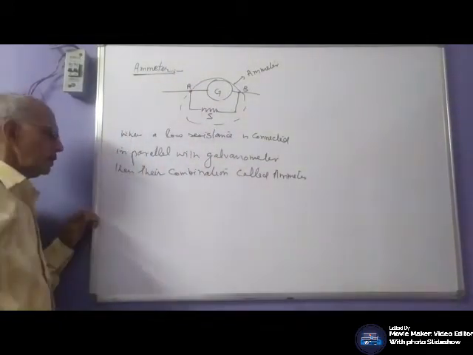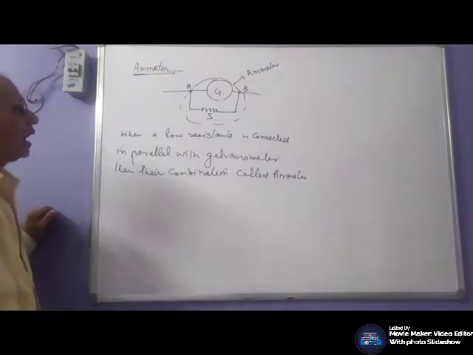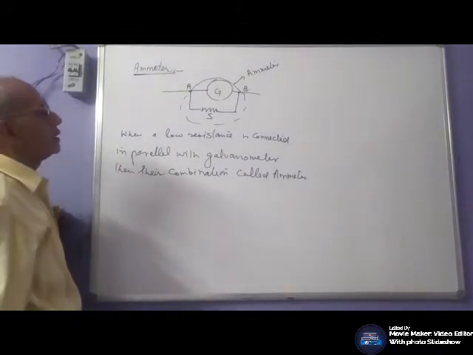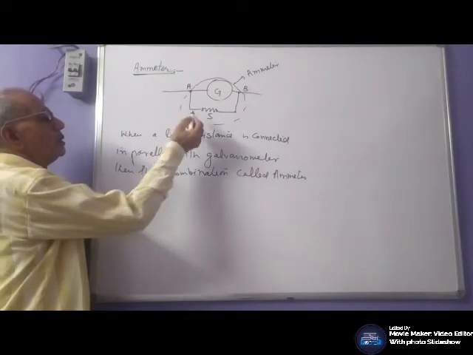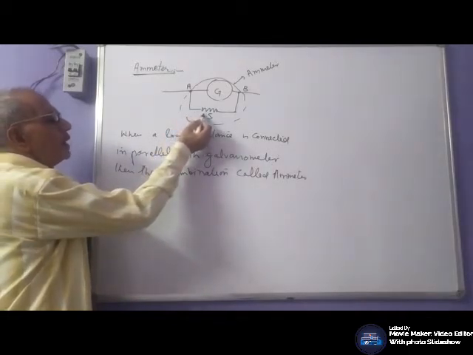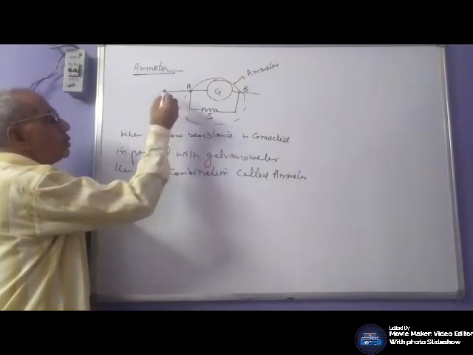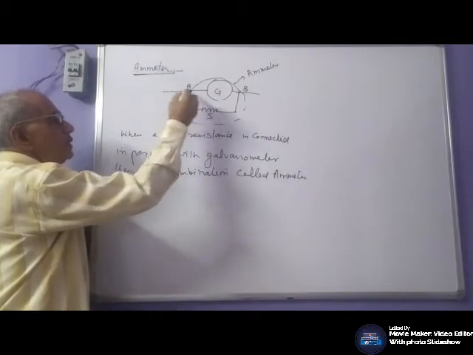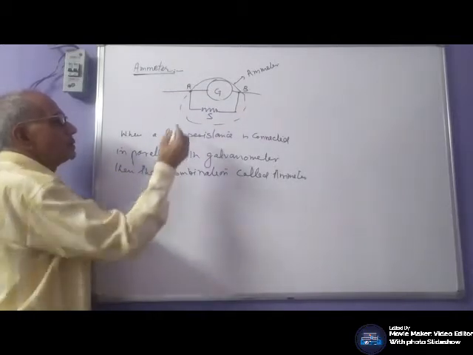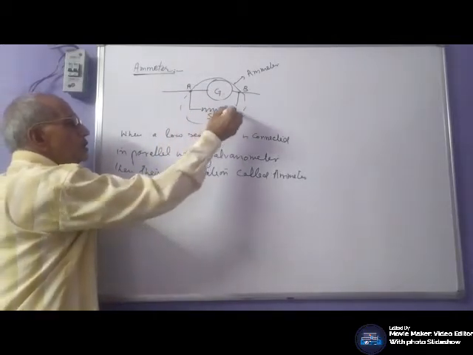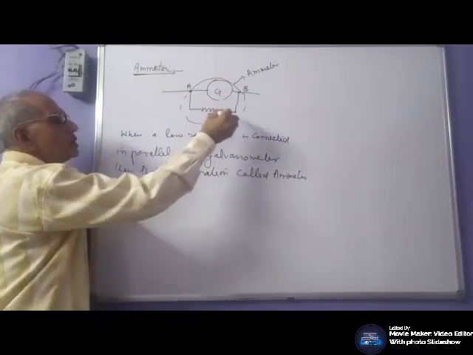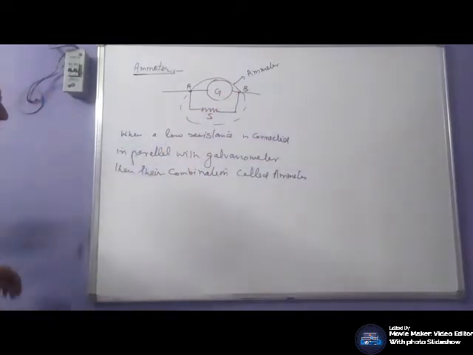Ammeter is a device for measuring higher currents. This is a low resistance in parallel. So the galvanometer will be damaged if a large current is passed, so the maximum current passes through this low resistance.